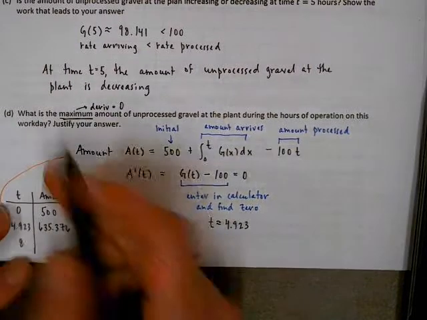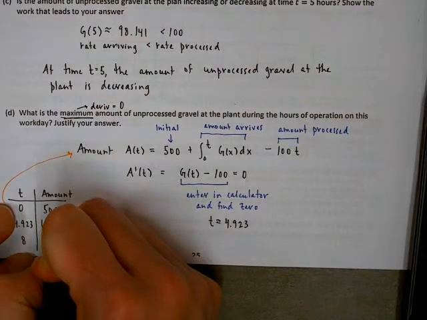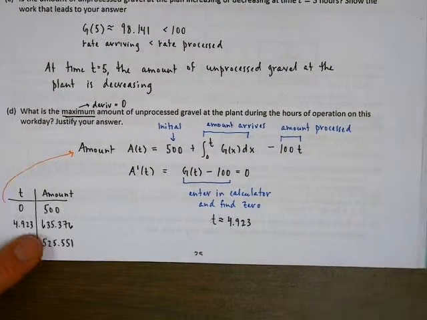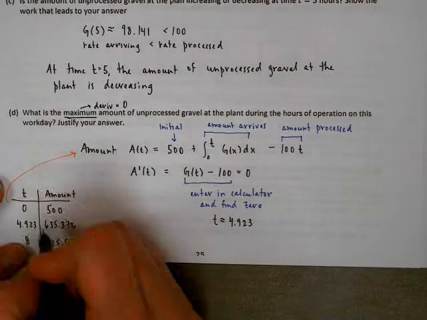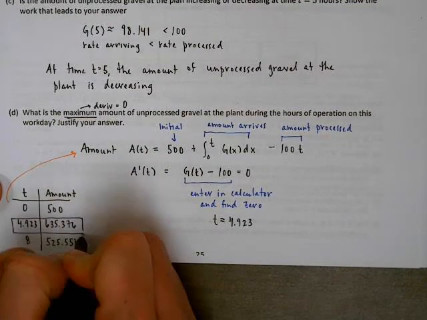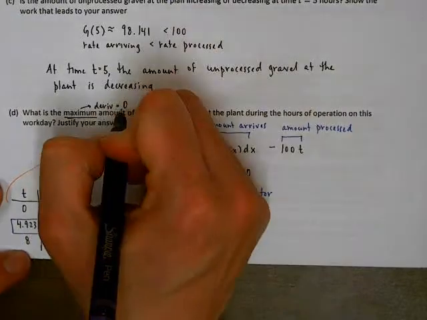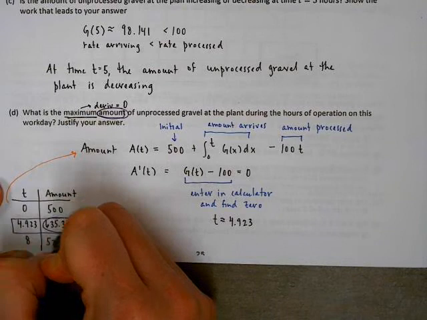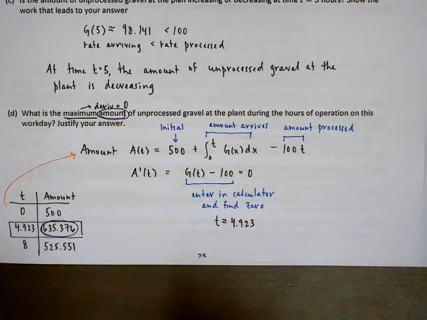Let's see. So now I can look at my table. I can see that the max amount, my largest value, is 635.376. Now, since they want the maximum amount, they're looking for that total amount.